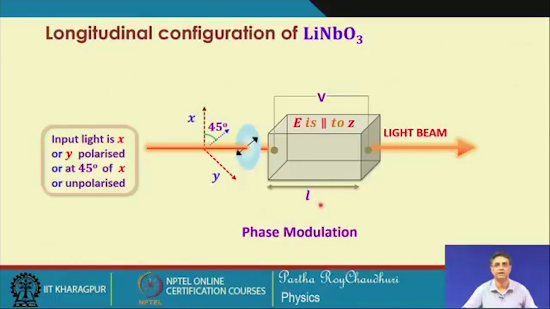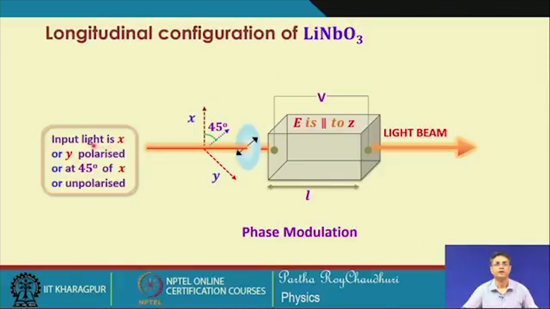So, V by L will be the externally applied electric field Ez, and your input polarization could be along x or along y, any of these, or it could be halfway through also, because in that case both the x and y polarized light, or the one which is midway between x and y polarized light, will undergo the same amount of phase change, because they are undergoing the same amount of refractive index change because of the external field.